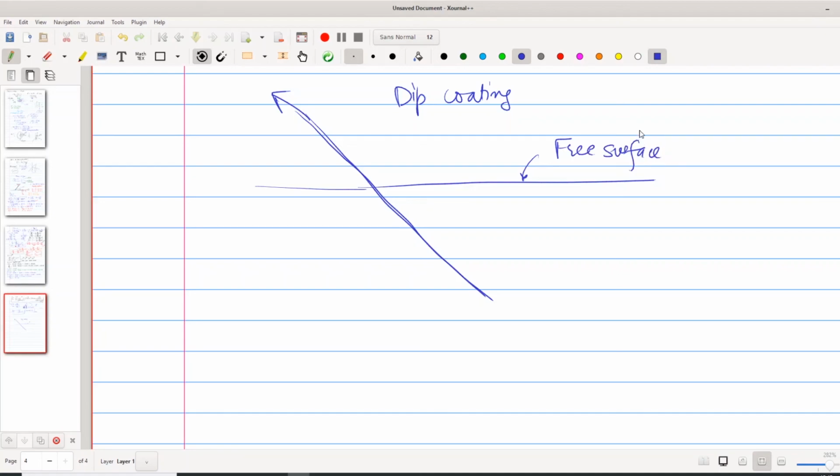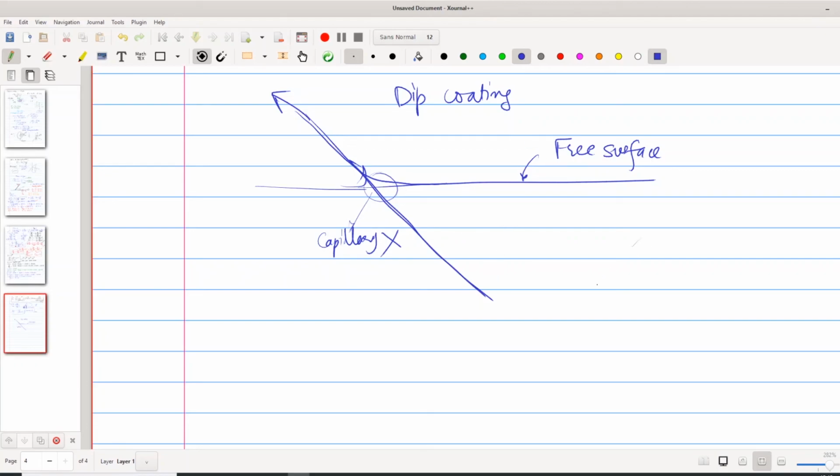This is the problem of Moffatt, where the solid bounding surface is now replaced by a free surface. You can neglect all capillary effects over here, because capillary effect will try to cause the fluid to rise like this. So you can neglect those effects and try to find the solution for dip coating.